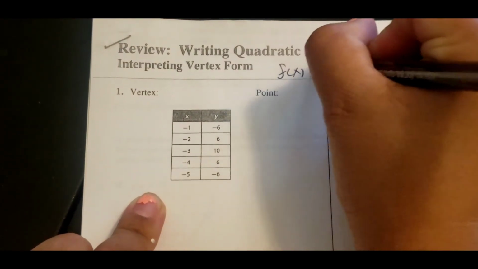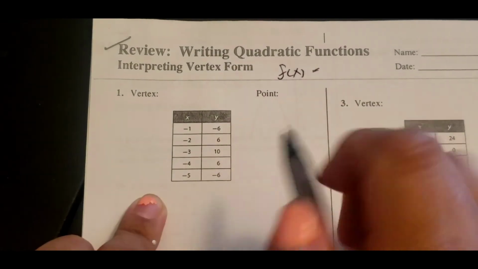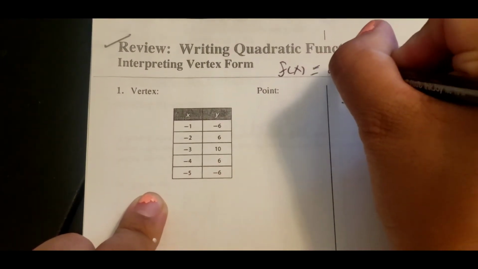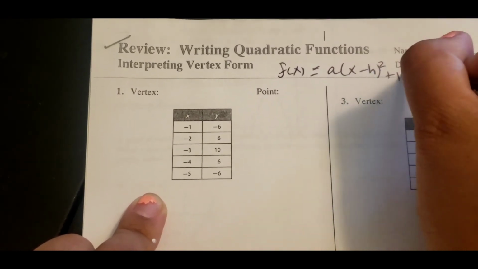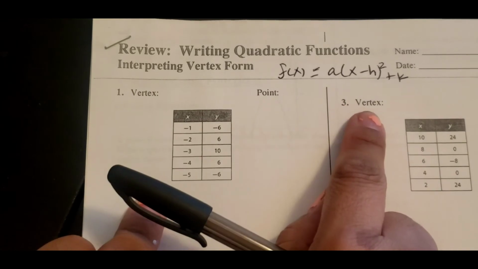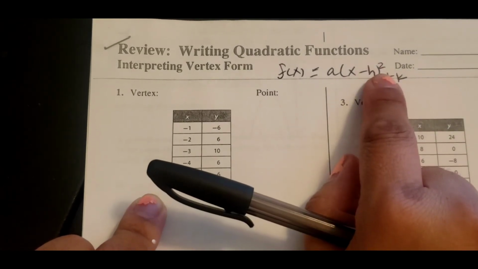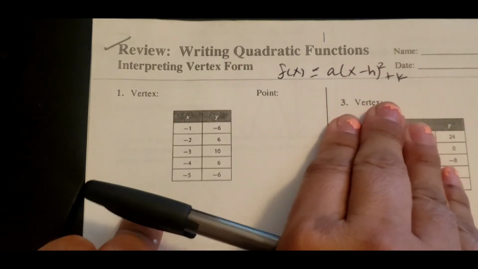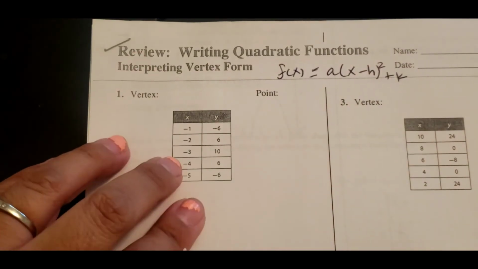It could be f of x, y, g of x. That doesn't matter because it's all the same. f of x equals a times the quantity of x minus h squared plus k, okay? So the difference between quadratic and cubic is just the square or the cube, okay? So there's that. And then we're going to do number 1 together.